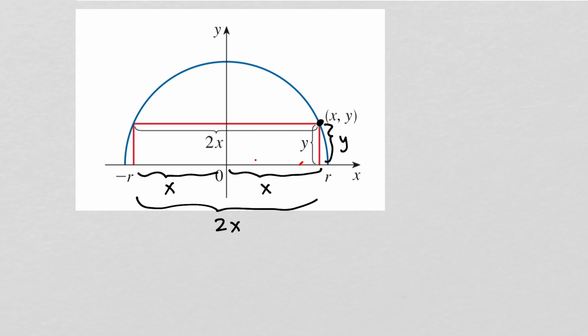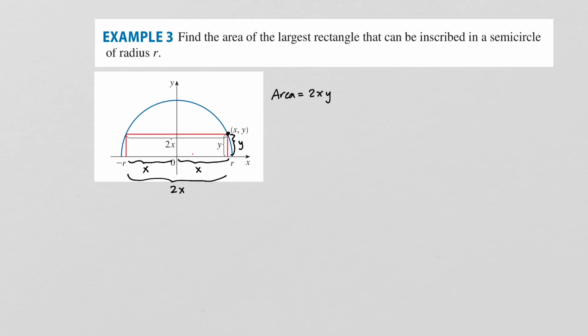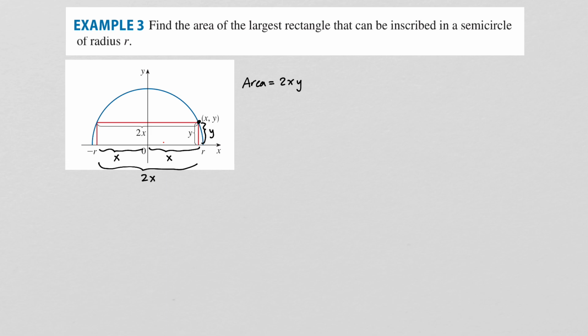So now we know why that is 2x. So the area of your rectangle, which is what we mean to maximize here, is going to be the length 2x multiplied by the width y. Okay, so area is equal to 2xy. And as usual, I'm going to abbreviate area with capital A and just say A is equal to 2xy. And this is the function that we wish to maximize.